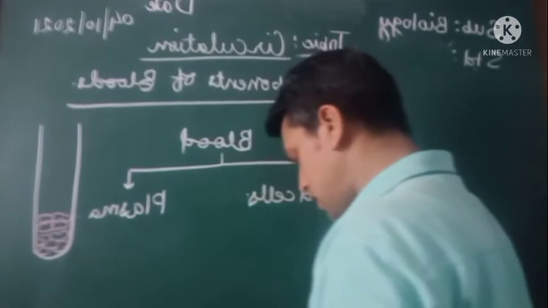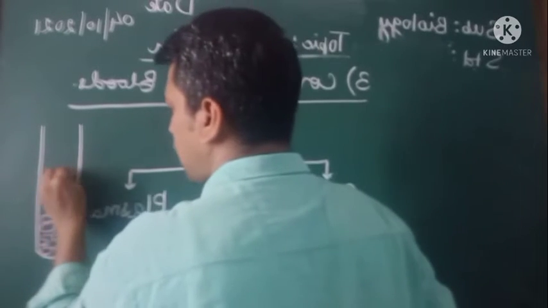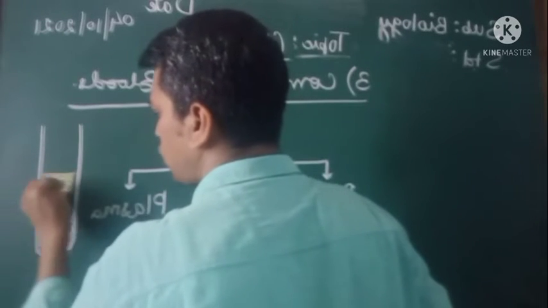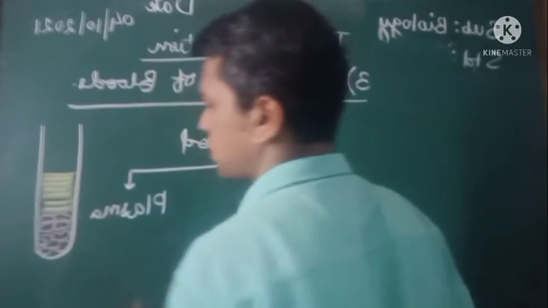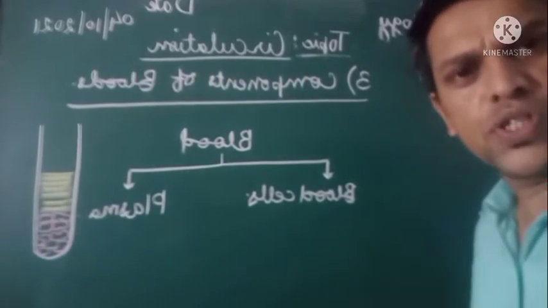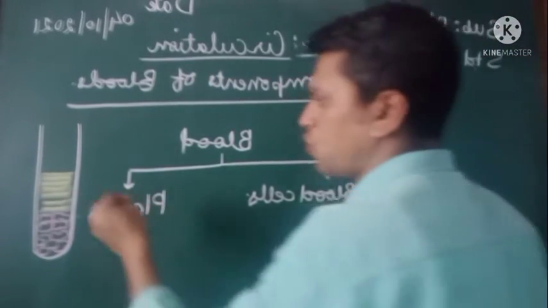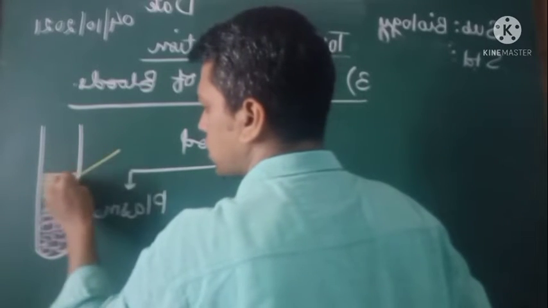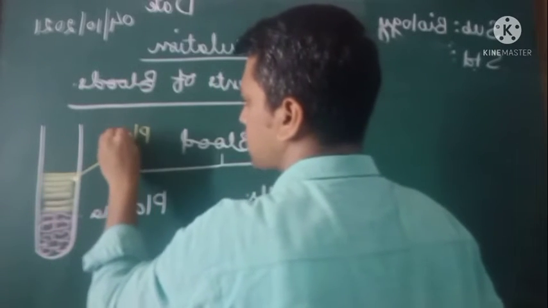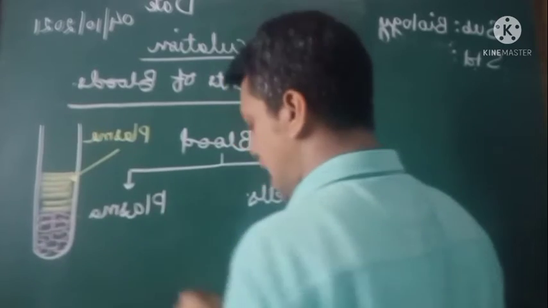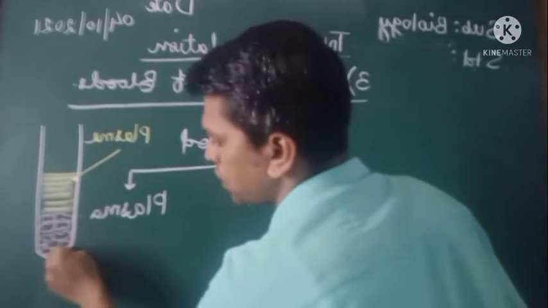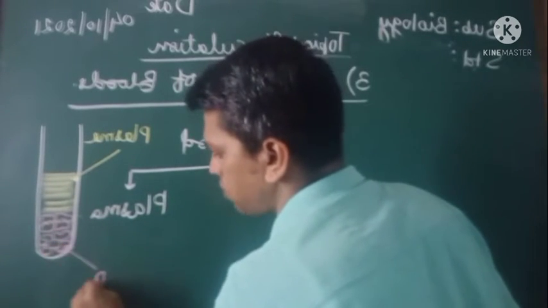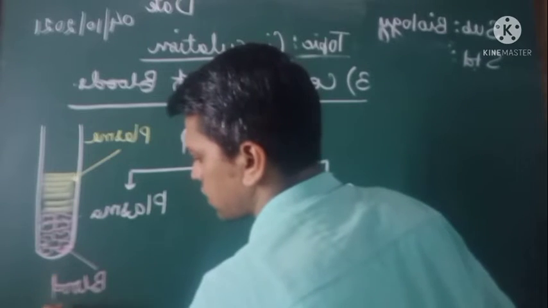And what you can see on top is a straw colored solution, which is almost yellowish in color. This particular component we call plasma, and the component you see here is the blood cells.